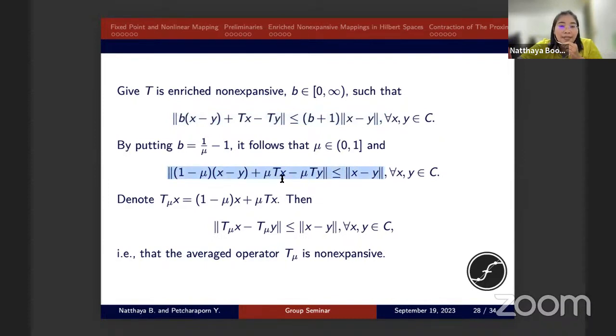So I define T mu of x equal to (1 minus mu) x plus mu Tx. Then this inequality holds, so I call T mu nonexpansive.